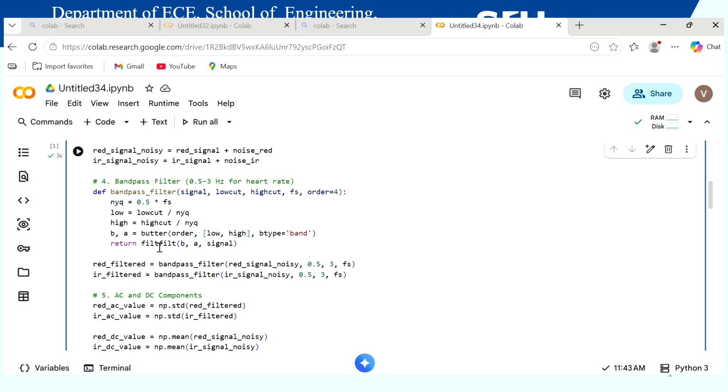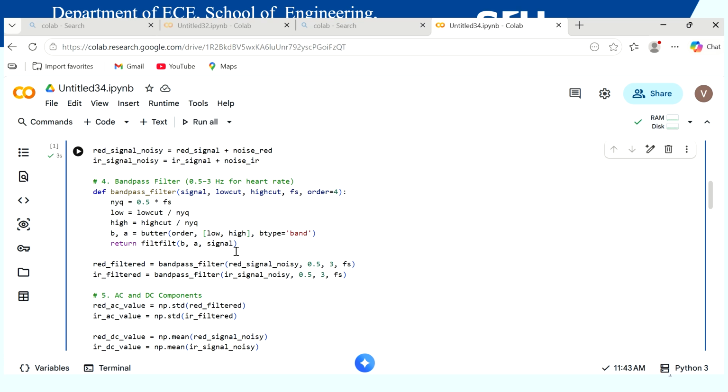Then return filter b, a, signal: numerator, denominator, signal. It designs the fourth order Butterworth band pass filter. This filter function is applied to the signal. What we will get is zero phase distortion. It is cleaning the output.